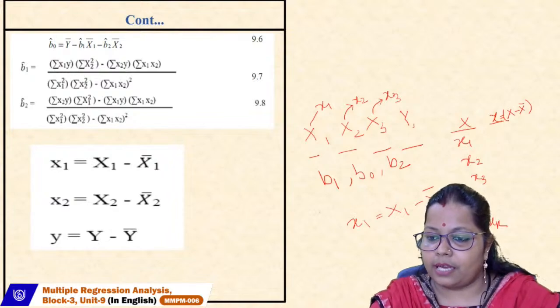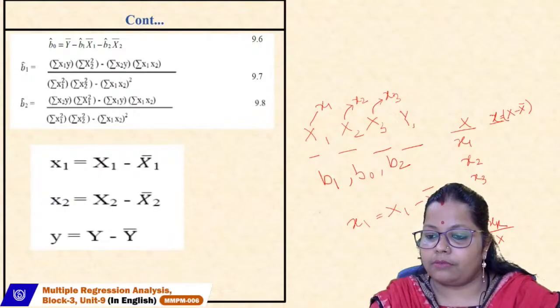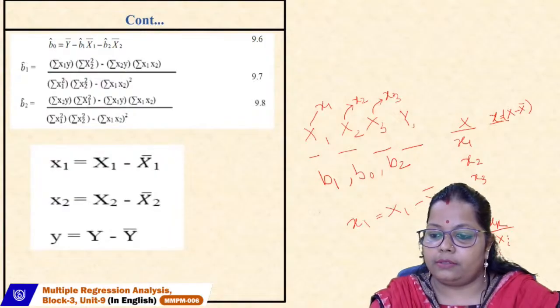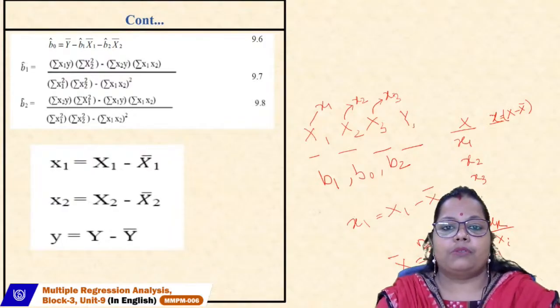For this, I have to calculate the summation of xi, where i varies from 1 to k. Then I will calculate x bar. The formula is summation xi, i varies from 1 to n, divided by n. What was n?